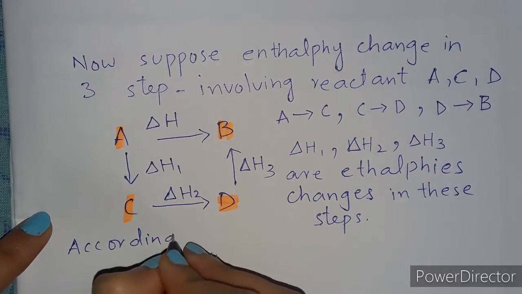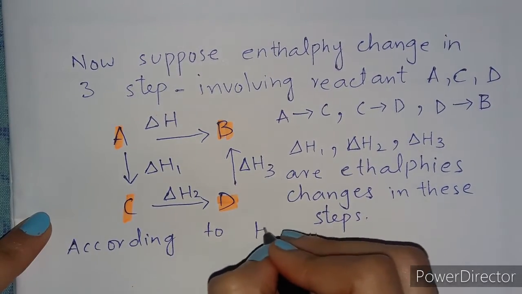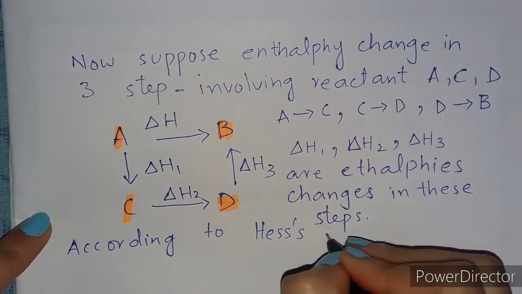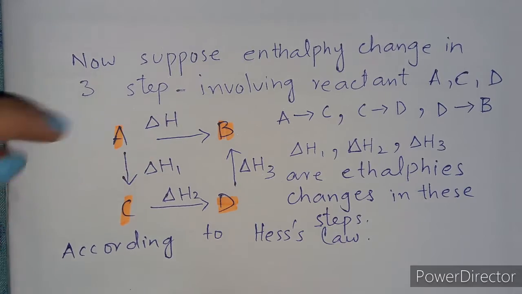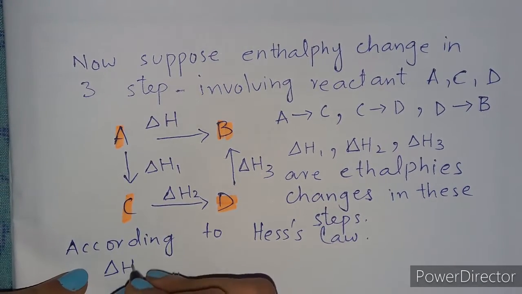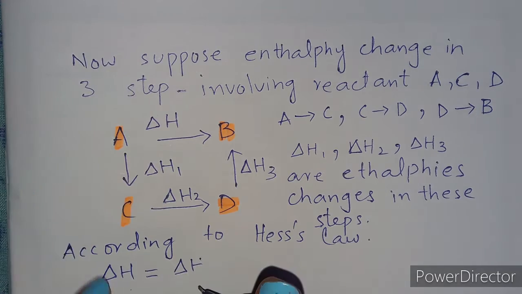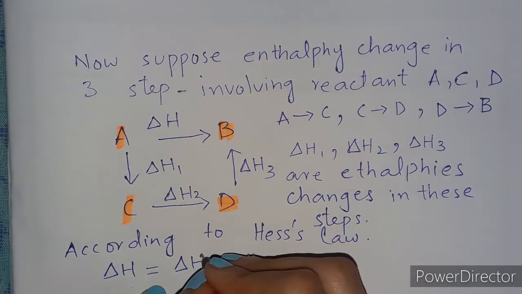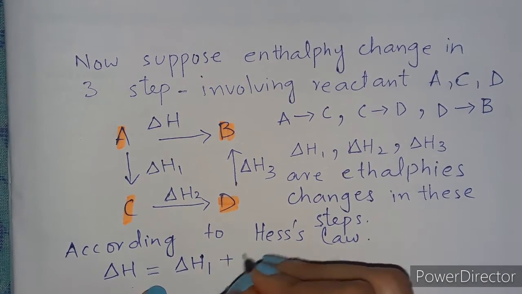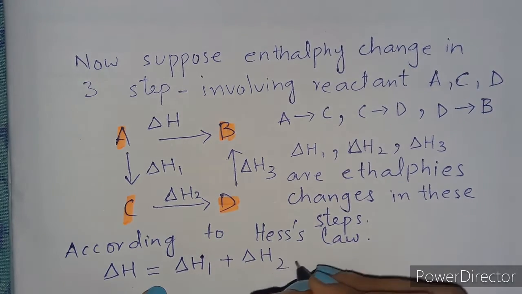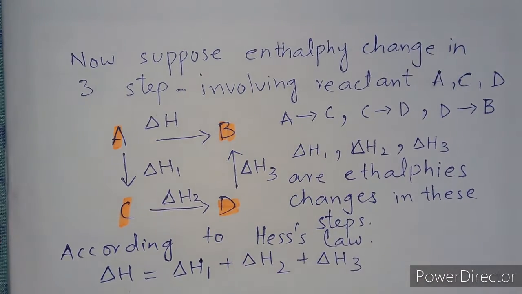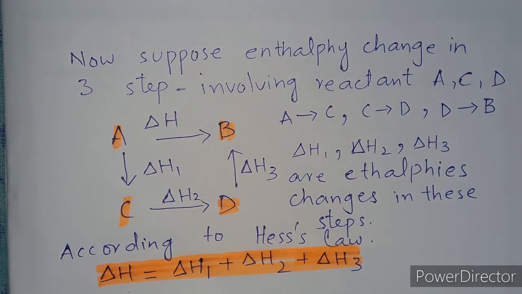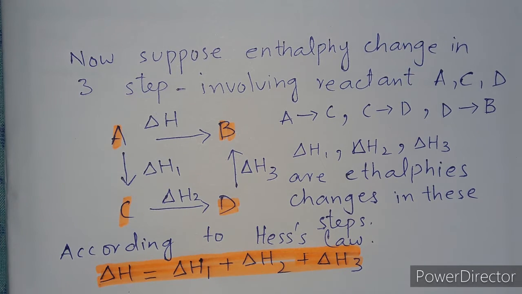Then according to Hess's law, del H, the enthalpy change, is equal to change in enthalpy 1 plus change in enthalpy 2 plus change in enthalpy 3. This is Hess's law. And then you have to give an example, which is the third point.